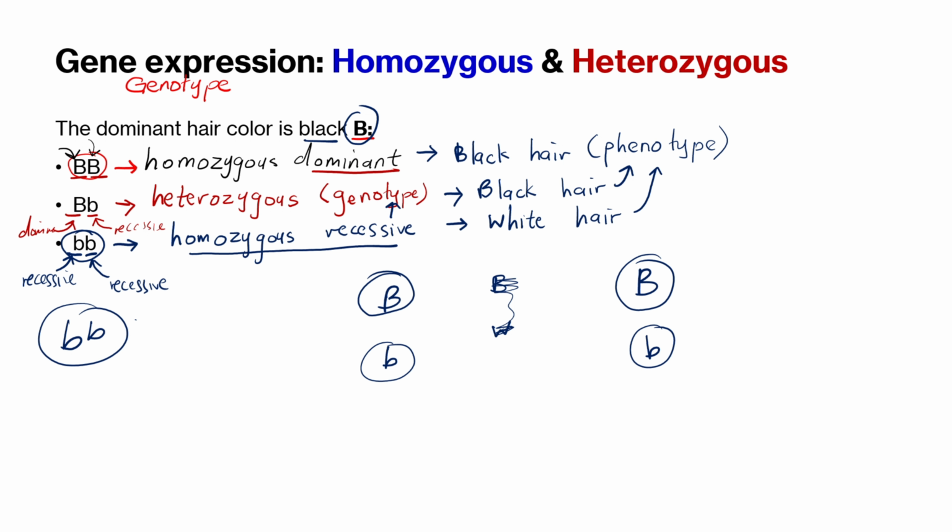You only have two recessive ones. So the recessive characteristic will show up in the phenotype only if the genotype is homozygous recessive. But if it is a heterozygous genotype, or if it is homozygous dominant, then we take the dominant hair color, in this case, which is black.